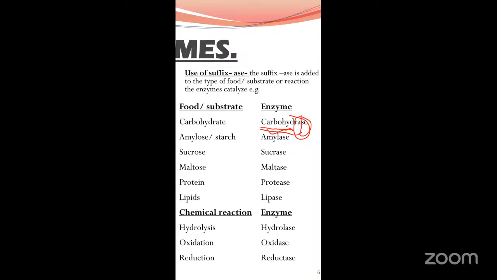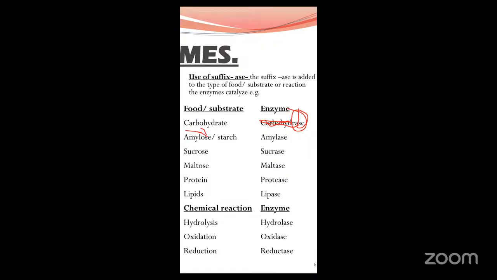So we have added the suffix -ase at the end of the food substrate being broken down. Another example is amylose. So when we have the food substance amylose, this should be an O, not an A. When we have the food substance amylose, it is broken down by an enzyme known as amylase.